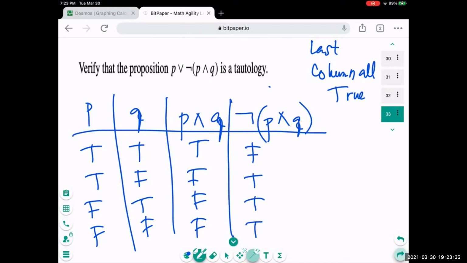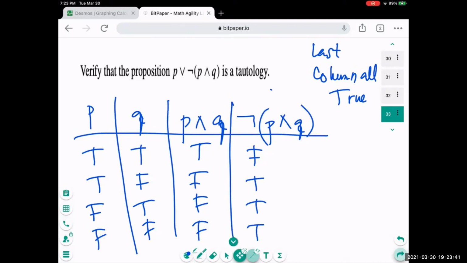Tapos yung last part would be yung pinuprove natin na P disjunction of the negation of P conjunction ng Q. Let's move a little bit.